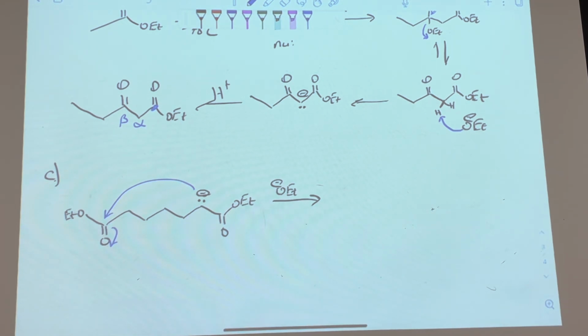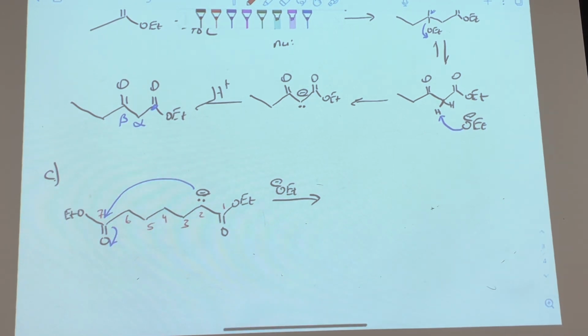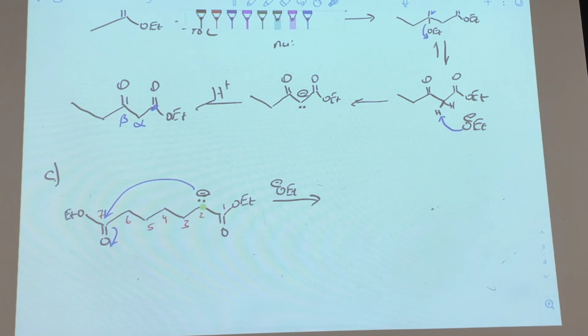Now again, like I did with the intramolecular aldol, I'm going to number these just so I don't make a mistake. And we are making a bond between carbons 2 and 7 as I numbered them. So figure out what kind of ring that would make. That would be a 1, 2, 3, 4. That would be a 6-membered ring.